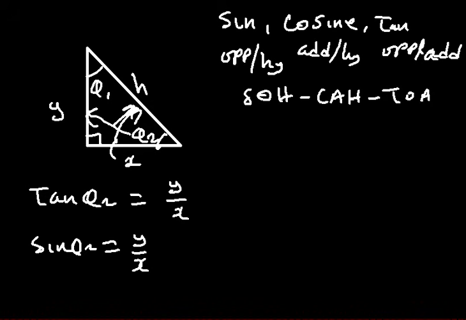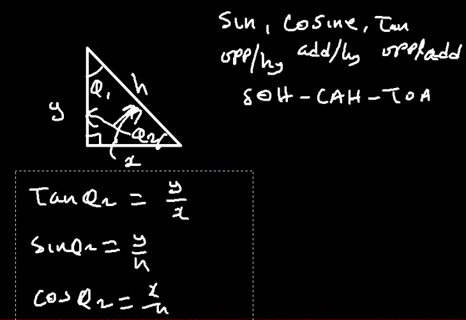Adjacent versus hypotenuse will be given as cos theta 2 is equal to x over h.